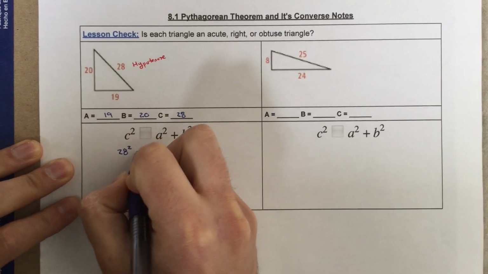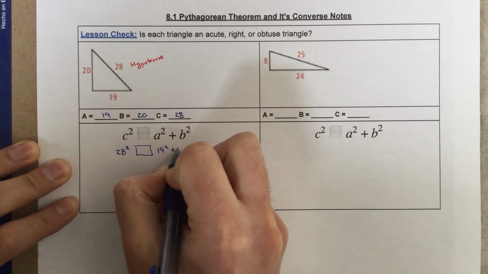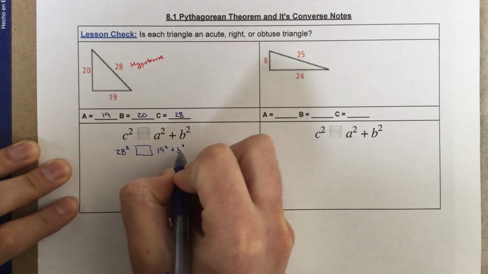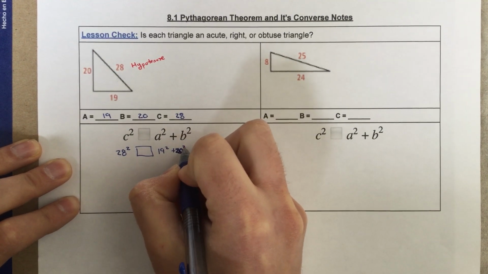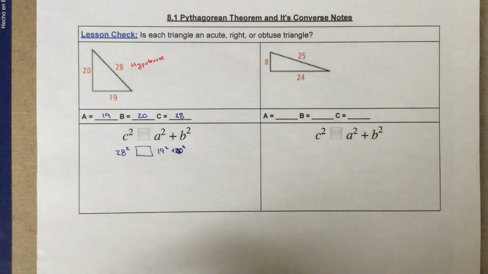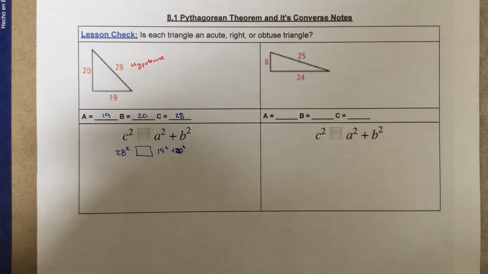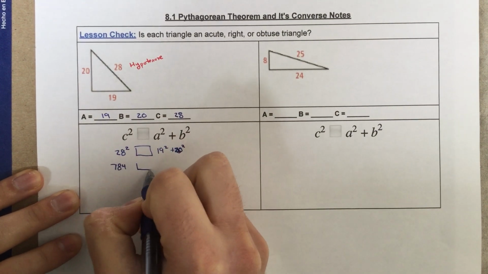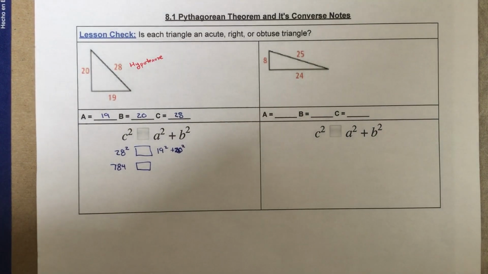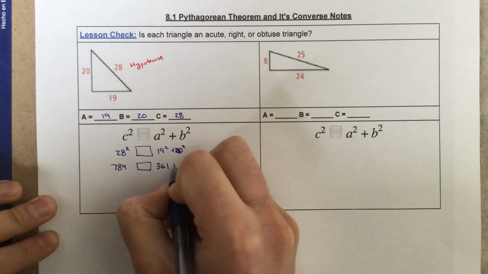28 squared, 19 squared plus, whoops, this should be a 20 squared. So, using your calculator, 28 squared is 784. 19 squared is 361.